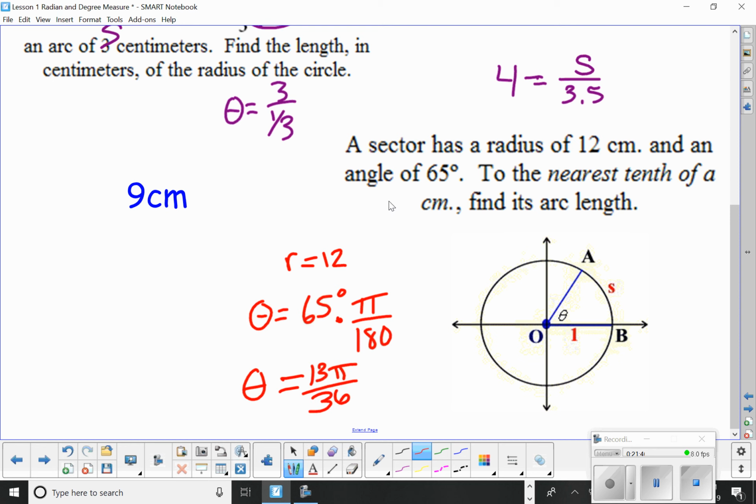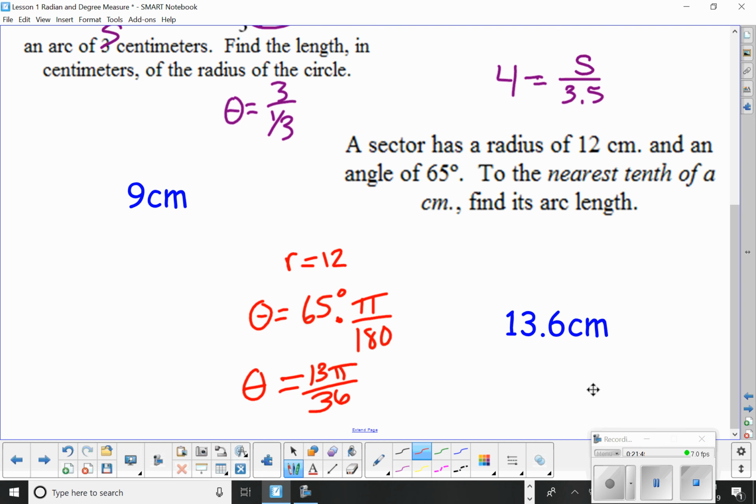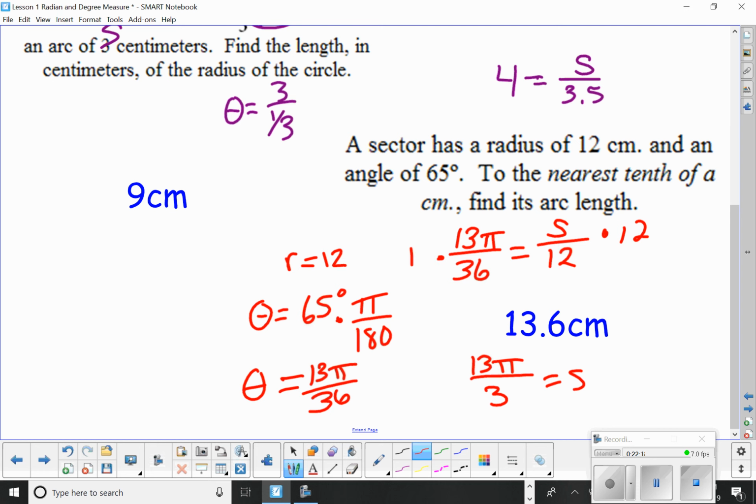So now you want to find S. S is 13.6. How did I get that? Well, I have 13 pi over 36 is equal to S over 12. If I multiply both sides by 12, I'm going to have 13 pi over 3 is equal to S. And then I simply convert the pi to 3.14.